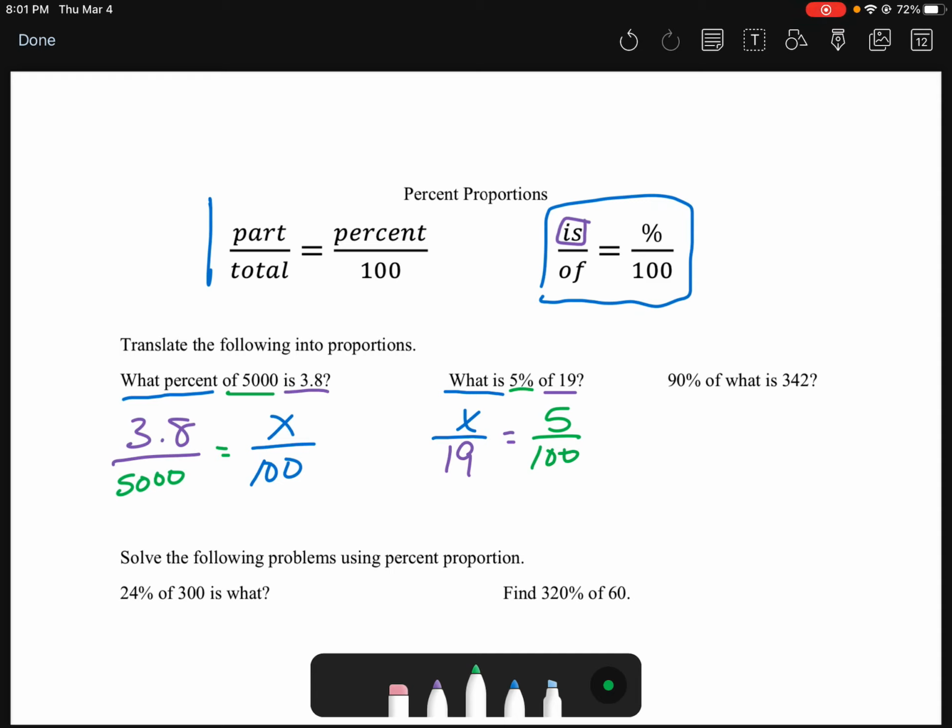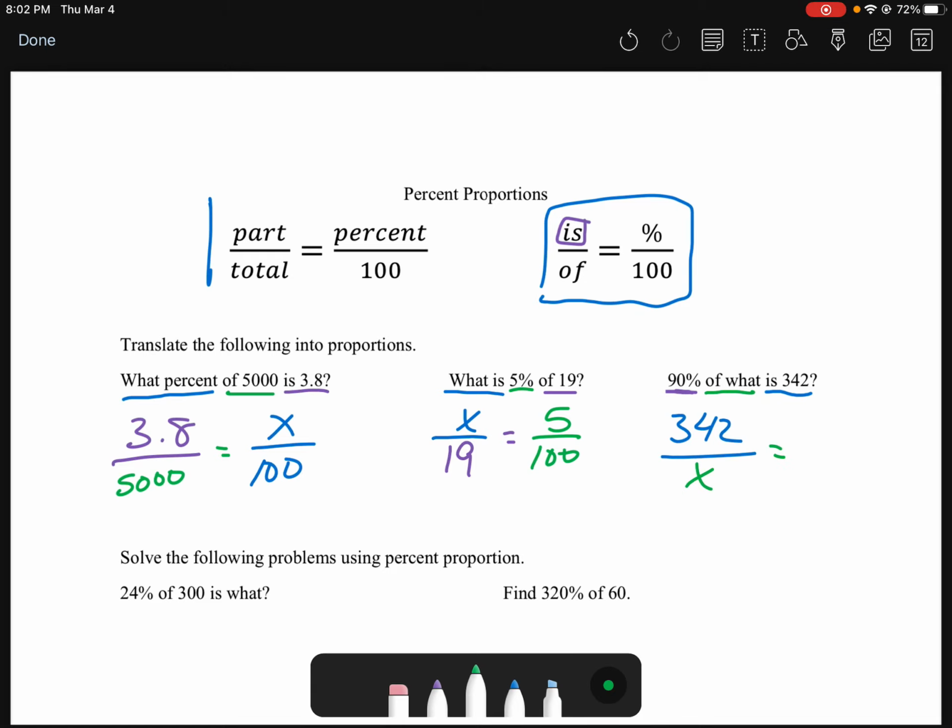All right, last type. 90% of what is 342? So I have 90% of what is 342. My is is 342, over my of, but it says of what, so I don't know what the of is.